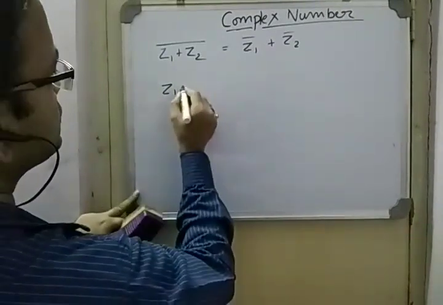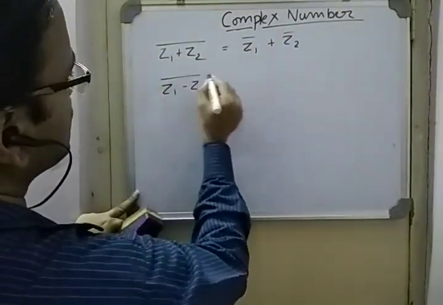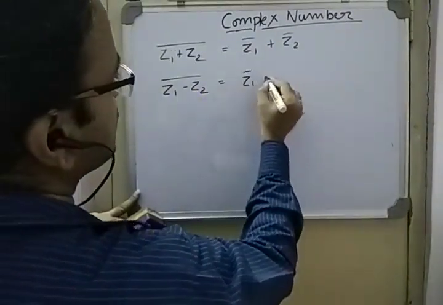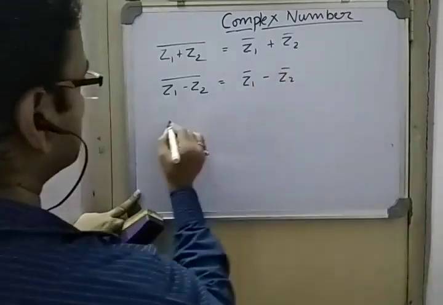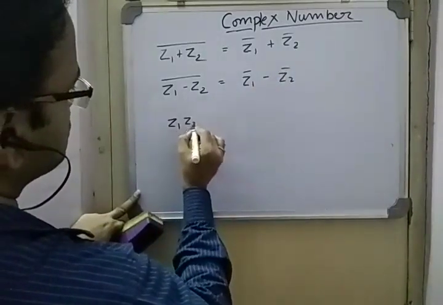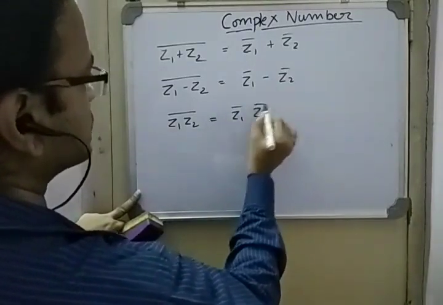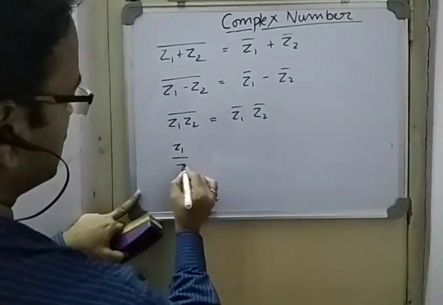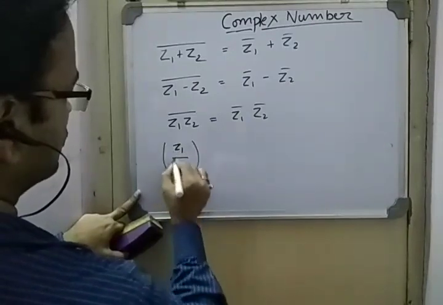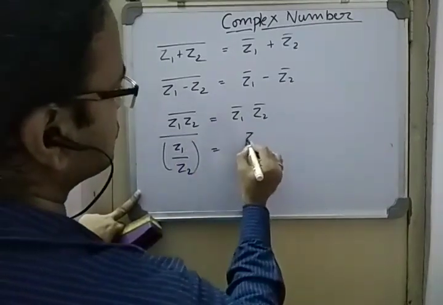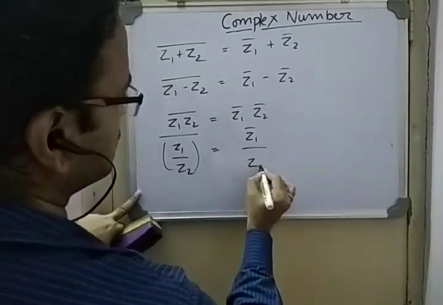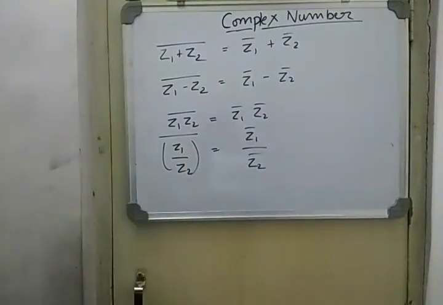Z1 minus z2 bar becomes z1 bar minus z2 bar. Now z1 z2 bar becomes z1 bar z2 bar. Z1 by z2 whole bar is equal to z1 bar by z2 bar, in this way.